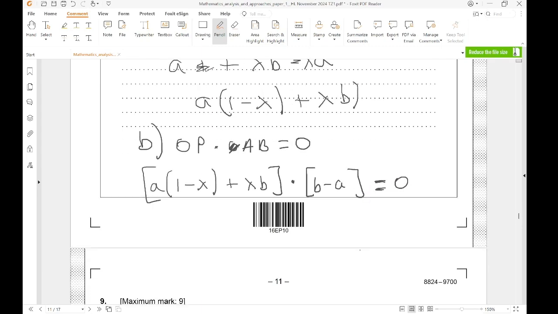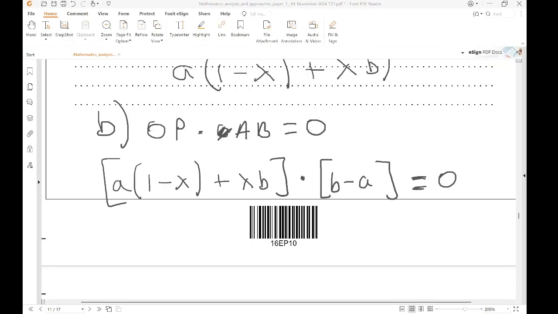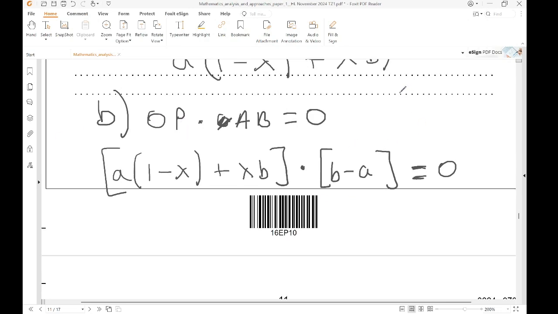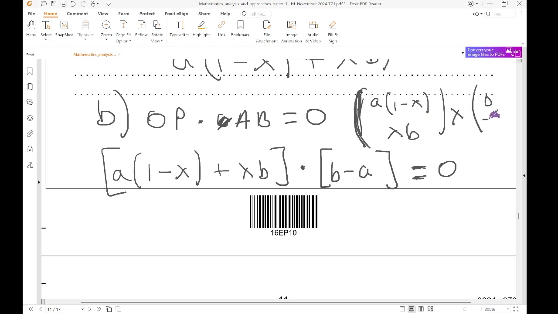Now you attempt to dot product these values. You dot the like terms together, and you should get these values over here. Hopefully this should be enough space now. Once you dot these two by doing scalar product, this is a scalar product, 1 minus lambda a and lambda b, scalar product with b minus a.